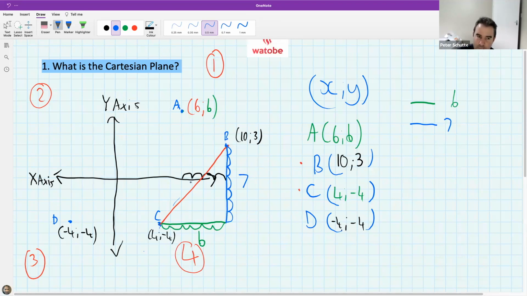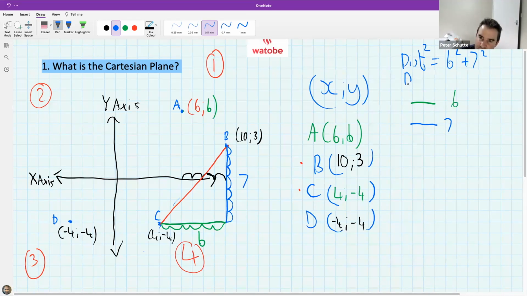If we were using Pythagoras, all we would need to do is say that the distance CB squared is equal to 6 squared plus 7 squared. And in order to get the distance by itself, we would have to square root 6 squared plus 7 squared.